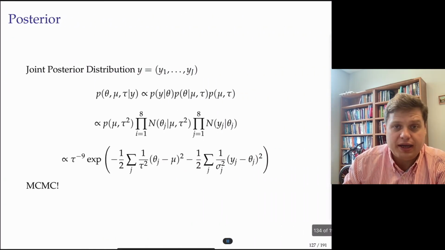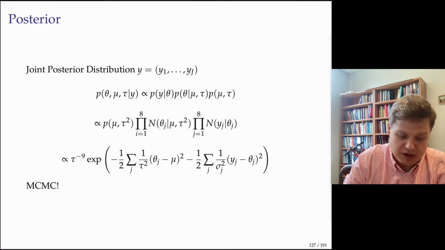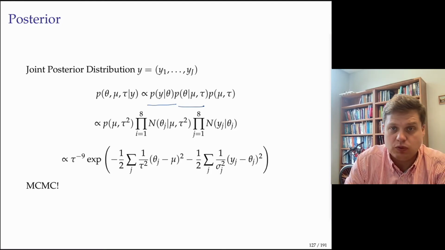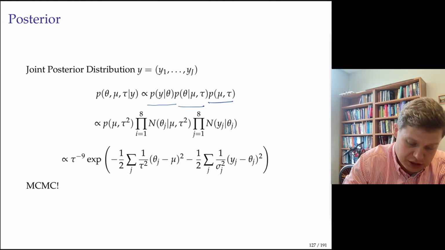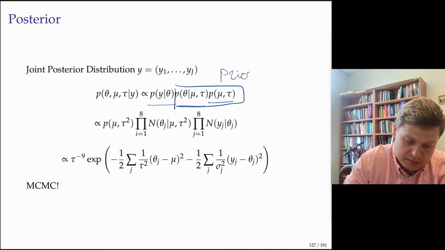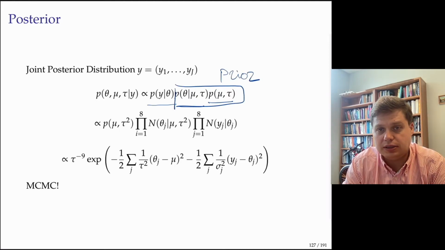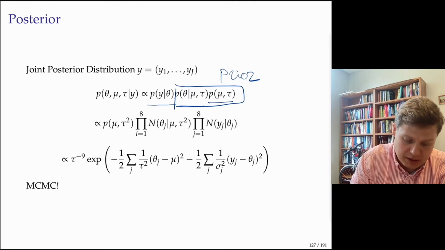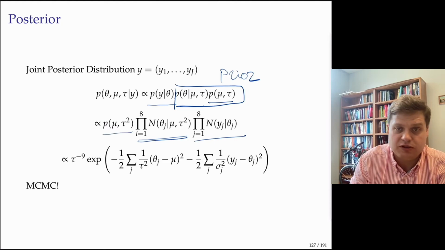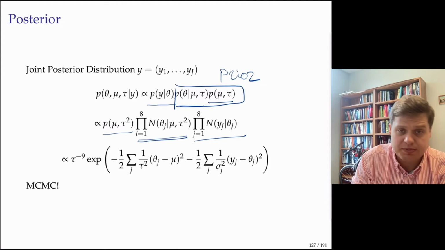Okay, so if we write everything together, you have your likelihood, and then you have your prior given the mu and tau parameters, and then you have a density for mu and tau. So essentially, this part becomes your prior distribution, right? And so you can do the product, and you're going to find that, of course, your likelihood is normal and the prior is normal, and then you have this distribution of mu and tau, which we know is proportional to 1 over tau.